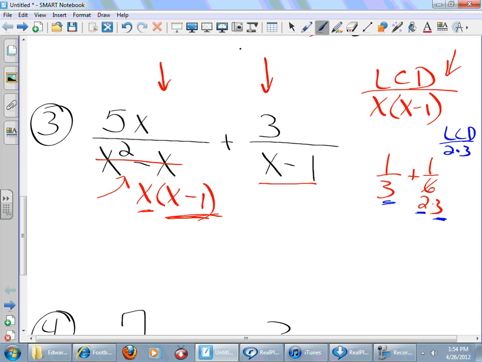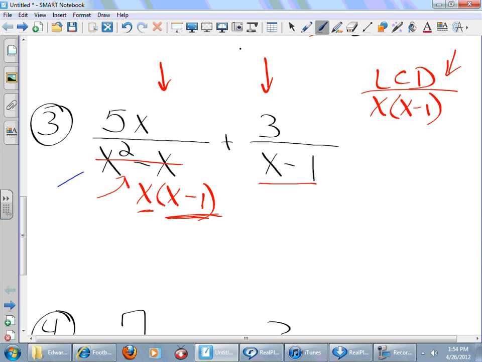I'm not going to multiply this denominator by anything because I already have a 6. This one would get multiplied by 2, right? And then I would go ahead and do it. It's the same thing. I'm using a simple problem to explain one that looks more complex. It really isn't more complex. It just looks strange. All right, so my LCD is x times the quantity of x minus 1.